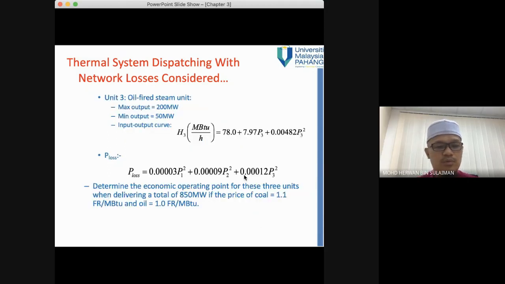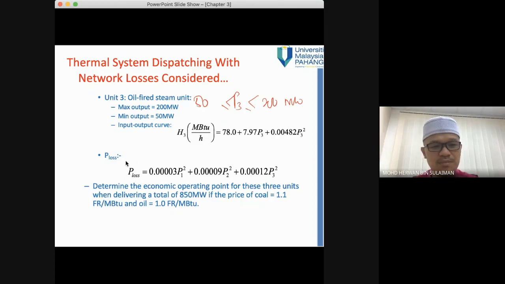Similarly, we have P3, which is between 50 and 200 megawatts. This one is quite simple, but later we will look at how we can derive the B loss coefficient, using the Hadis-Sadat new technique.